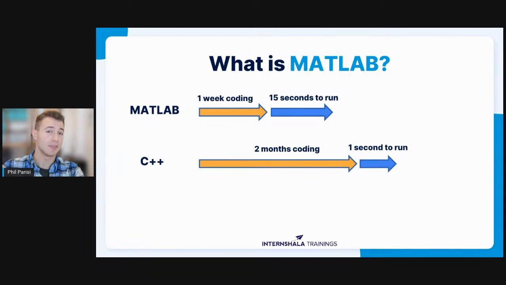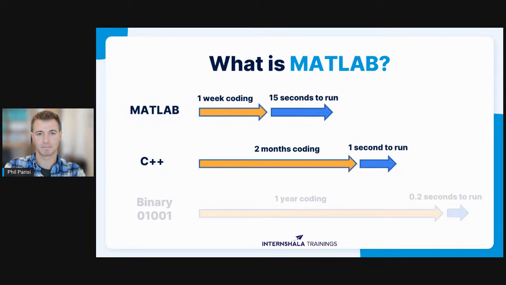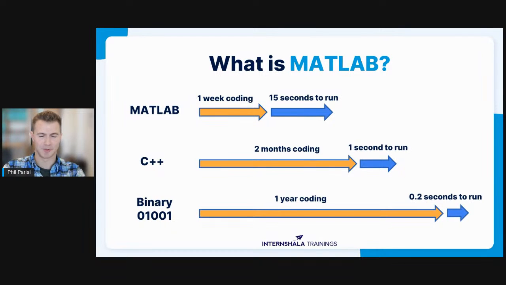So you can see the program runtime is now 15 times faster, but your actual development time to learn the nuances of C++, make sure you get all the right libraries included, there's other overhead that goes into the language, you're going to increase your developing time. And lastly, if you're really interested in learning binary, this might take you over a year to write the same program we wrote before. But the benefit, you have that shorter runtime again, only about 0.2 seconds to run the program.